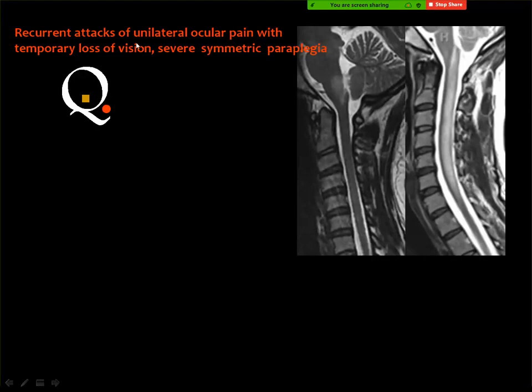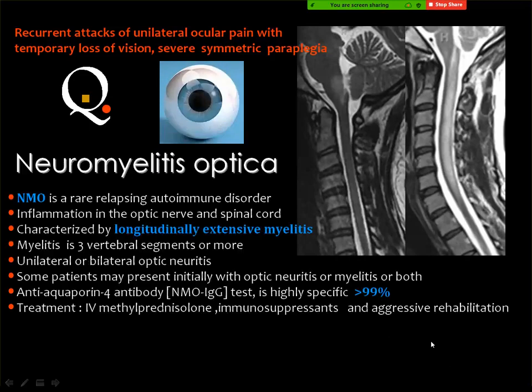This patient had recurrent attacks of unilateral ocular pain with temporary loss of vision, and severe symmetric paraplegia. Neuromyelitis optica. Very good. The appearance together with the history are pointing to the diagnosis of neuromyelitis optica, which is a relapsing autoimmune disease that affects the cord and the optic nerve.